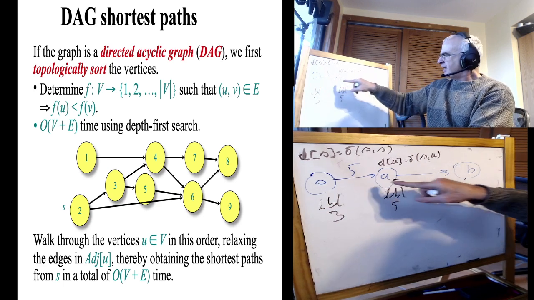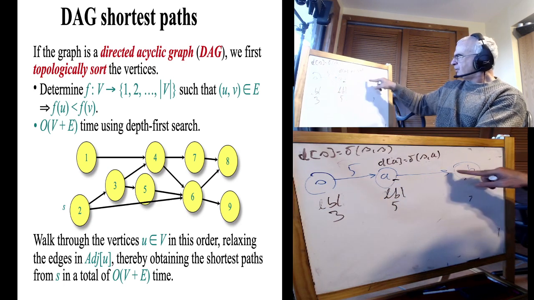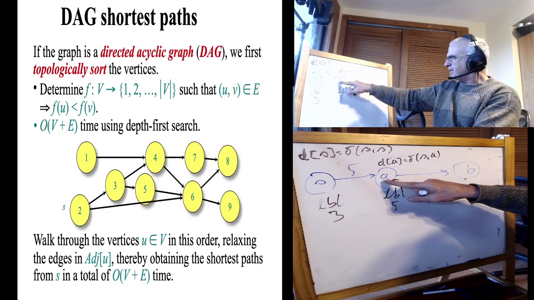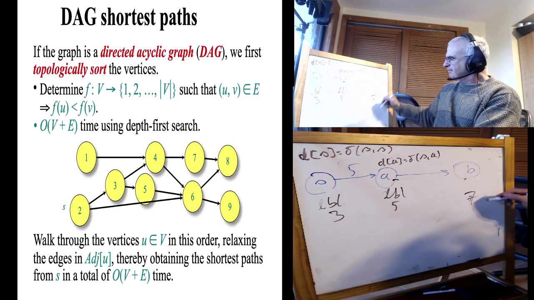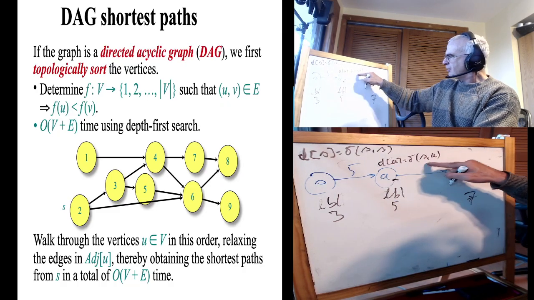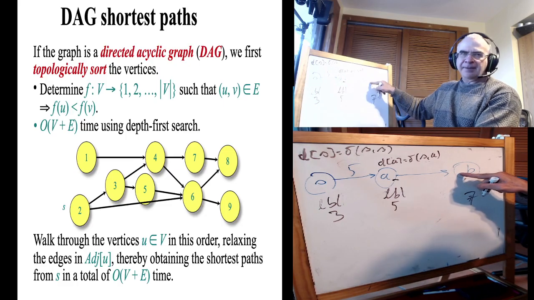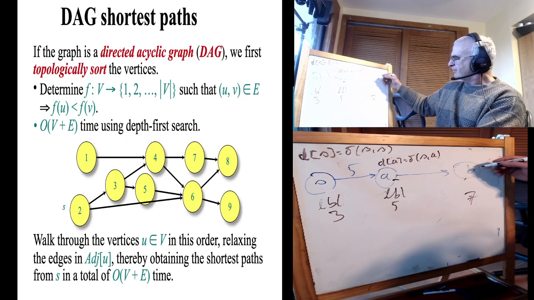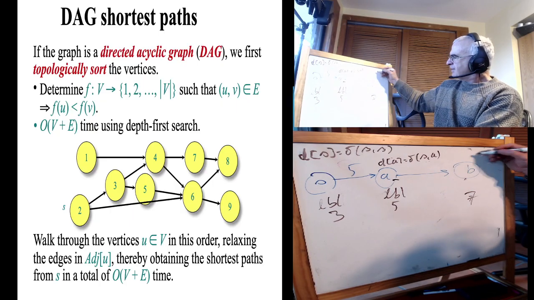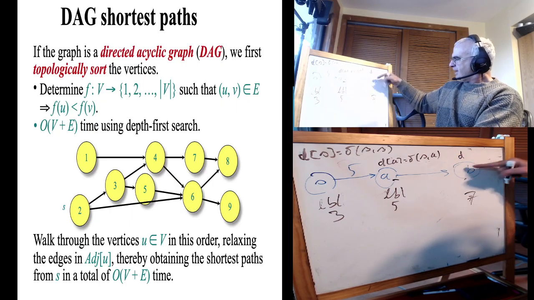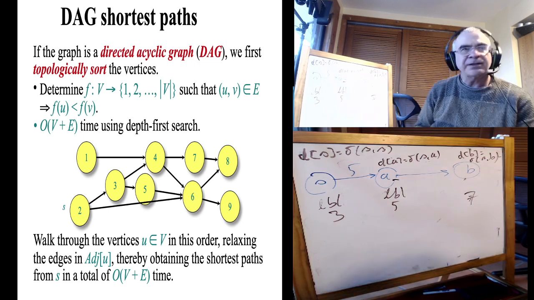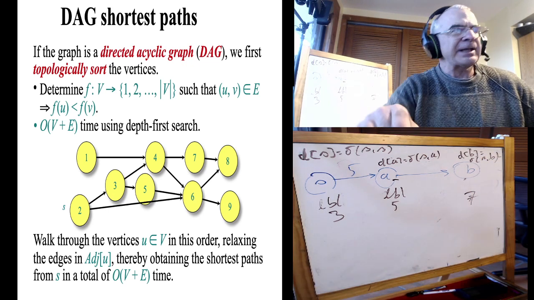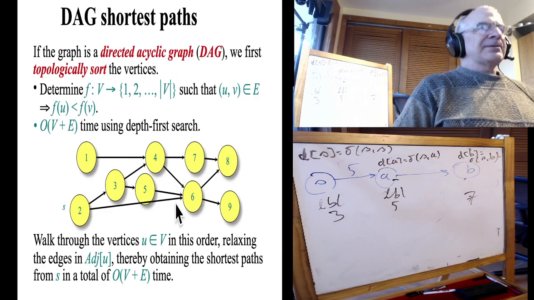I'll access the edge from A to B only after A knows the distance to it, because it has a smaller label than the label of B. So I already know the distance to it, and when I access the relaxation, again coming from the proof of Bellman-Ford, since it knows the distance to it, then after I execute this edge, d of B also equals delta of S to B. That is, B knows the truth, the length of the shortest path; its estimation of the shortest path is correct.